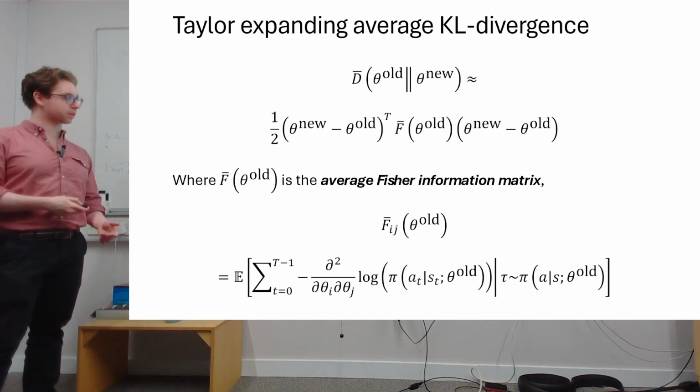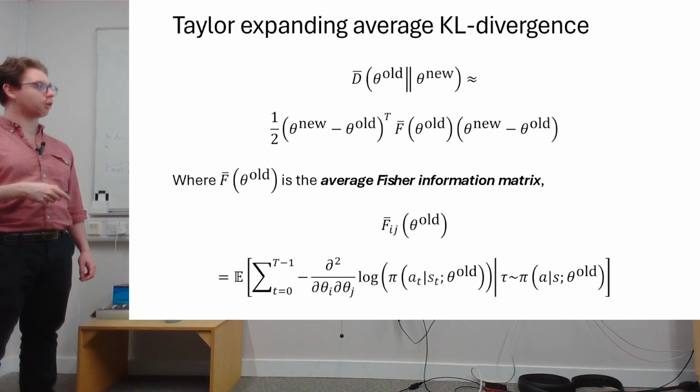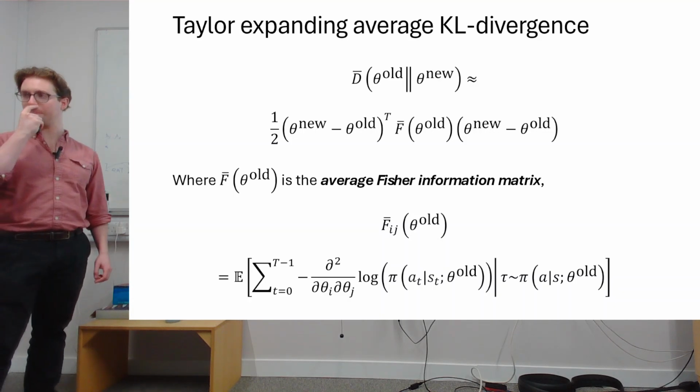And this is what it looks like. You are averaging across trajectories drawn according to the old policy, summing over the time steps on those trajectories, the Hessian, so this is the Hessian out here, of the log probability of each action given each state according to the old policy.